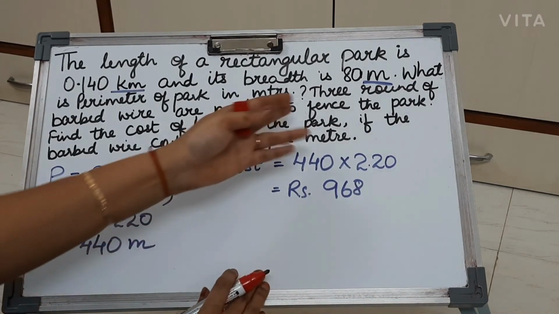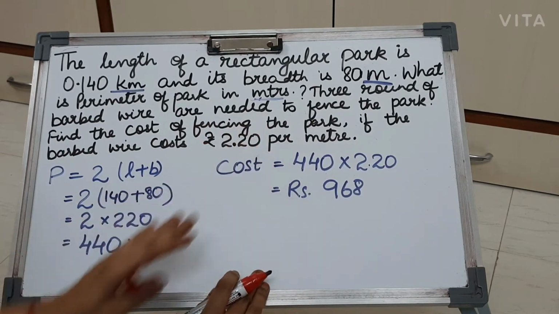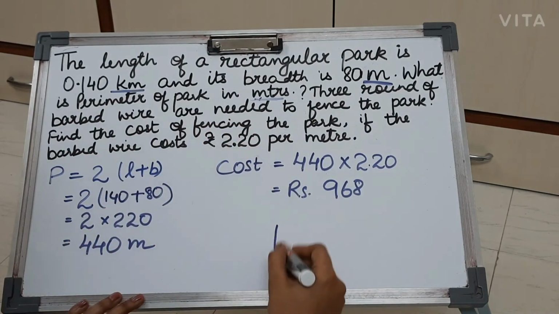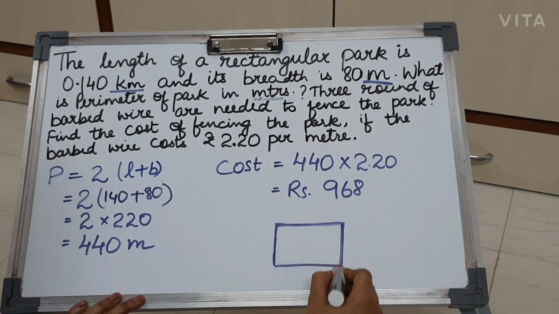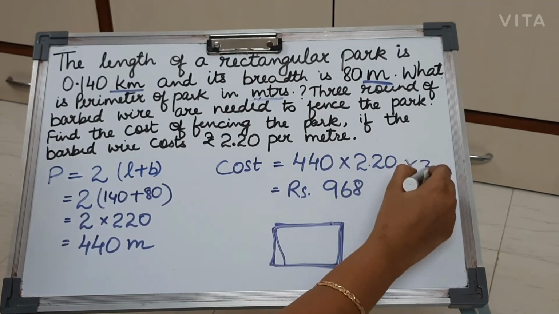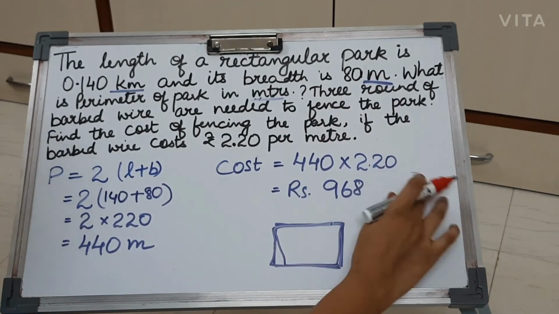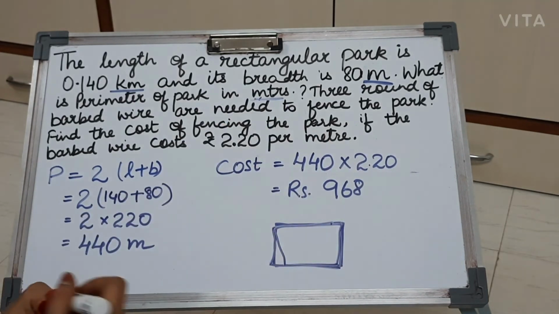How many rounds of wire are used to fence, we are not concerned, because it is not like that this is the boundary of the park and we have to go around 3 times, 1 time, again 2, again 3, then we would multiply here with 3 also. It is not like that. It is just the quantity of the wire. So we will just calculate the cost here like this.